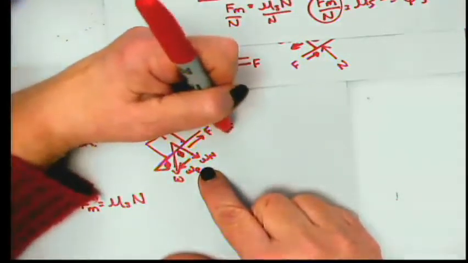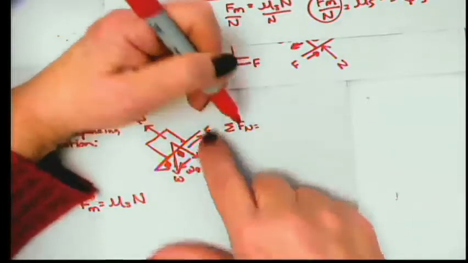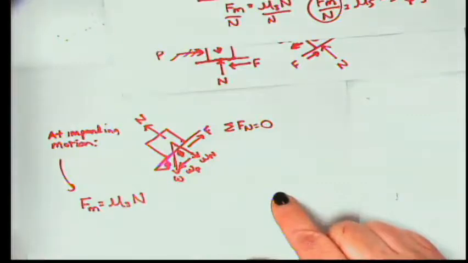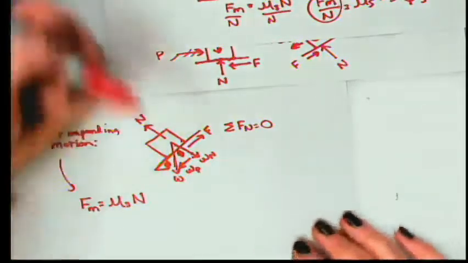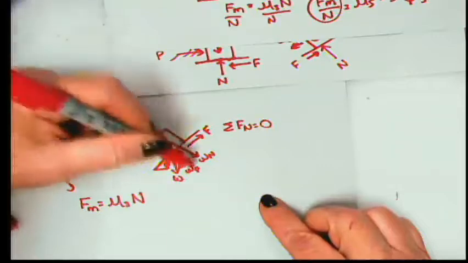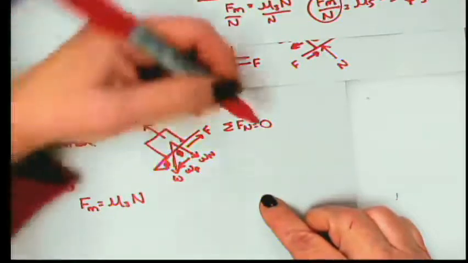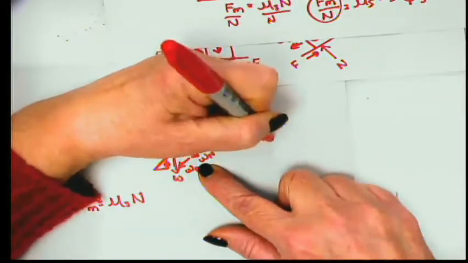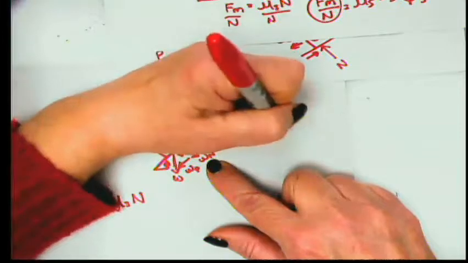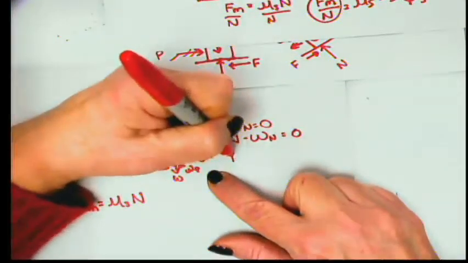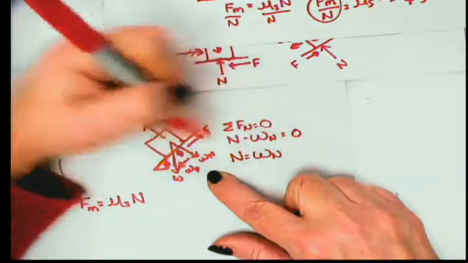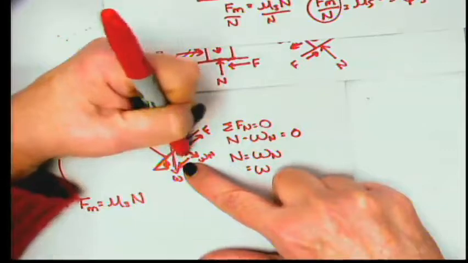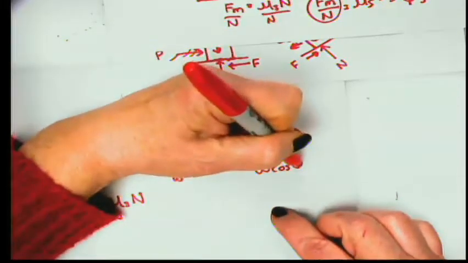So if I then do the summation of forces in the normal direction, which is perpendicular to the plane, I know it's not moving up or down in relationship to the plane. It's not flying off or crashing into the plane. It's just always going to stay on that plane. I can then say that the normal force minus the weight in the normal direction has to equal 0. The normal force then equals the weight in the normal direction, and that itself is equal to the entire weight times the cosine of phi.